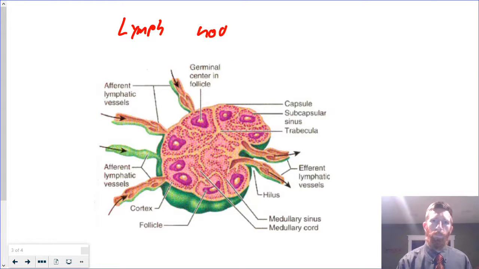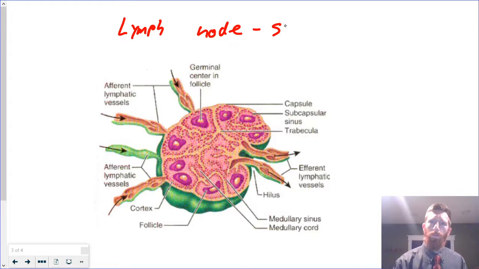As we've talked about, lymph nodes are clustered all throughout the body. You'll notice that in this diagram, we have four lymph vessels going in, and only two lymph vessels coming out. Lymph fluid moves through the lymphatic system and the lymph nodes very slowly.